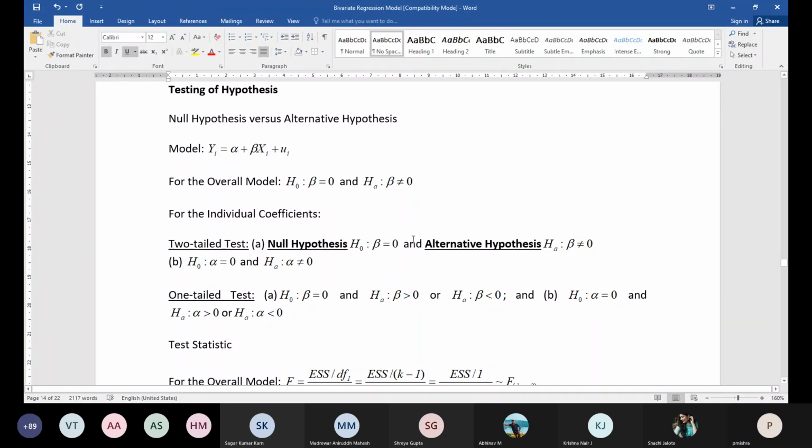but this null hypothesis is basically unique in the sense that we try to see if there is any relationship at all. If the relationship doesn't exist significantly, then it doesn't matter whether beta is positive or negative.